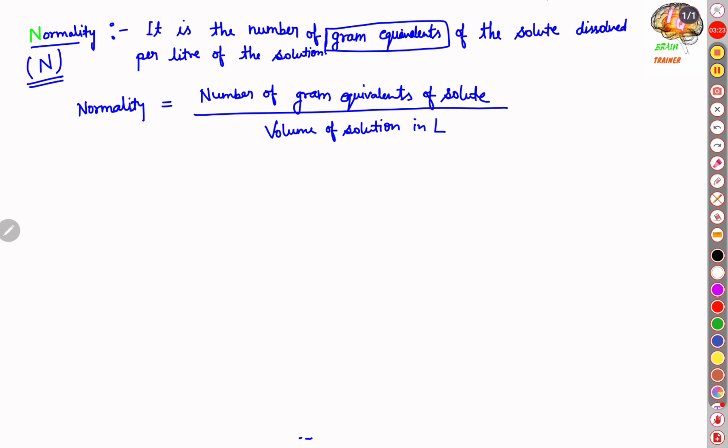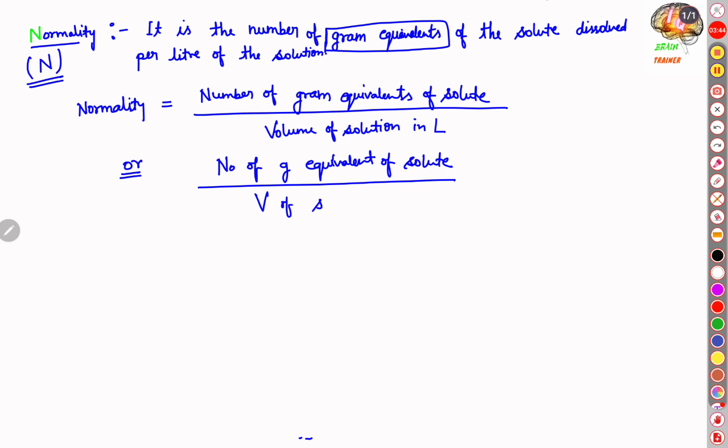Clear? Or if the volume is given in ml, then the same thing we will write here: number of gram equivalents of solute by volume of solution in ml into 1000, because you know already 1 liter is equal to 1000 ml.